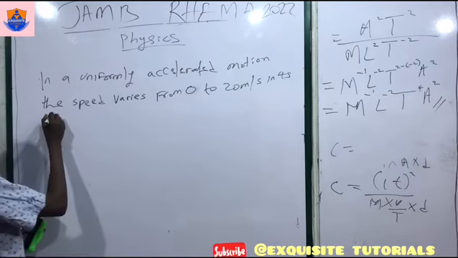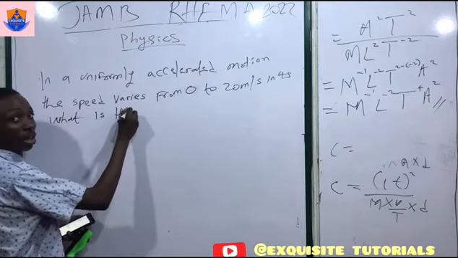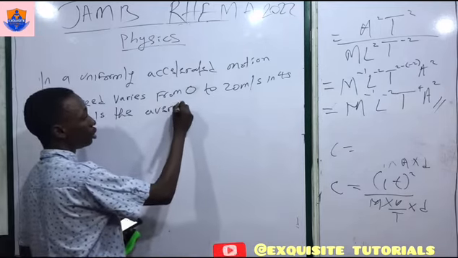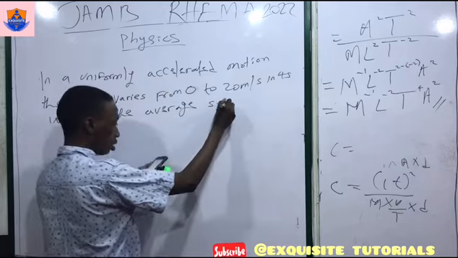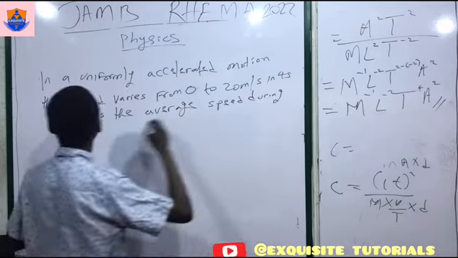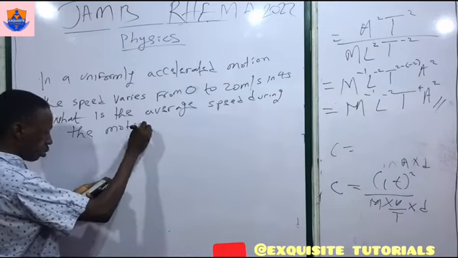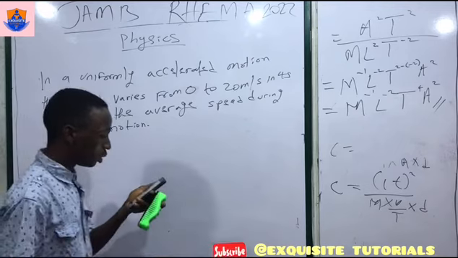What is the average speed during the motion?